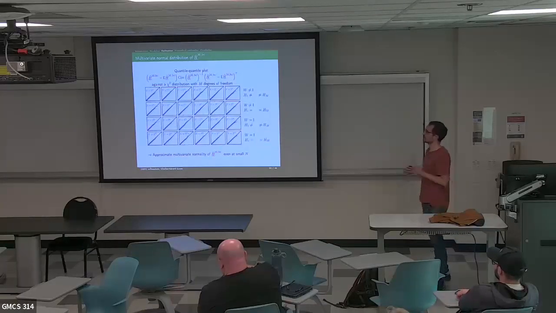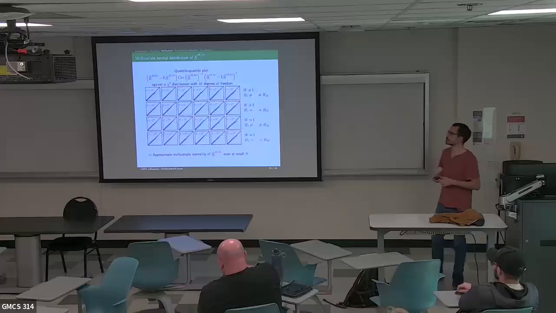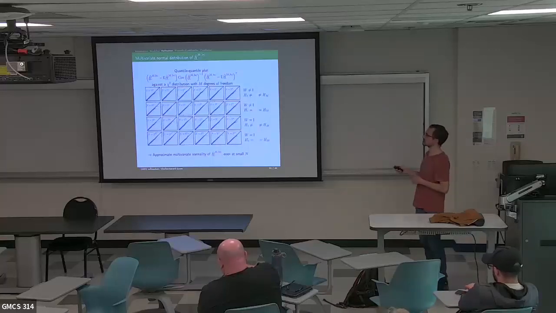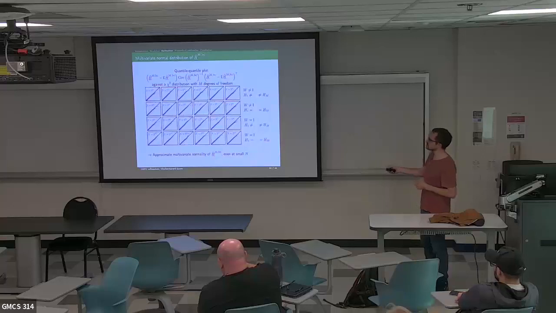So first, we analyze the distribution of the estimator. Here are the quantile plots of the Mahalanobis distance of the estimator against a chi-squared distribution with M degrees of freedom. So if the blue points, the quantile line, are aligned with the diagonal, we are close to a multivariate normal law.